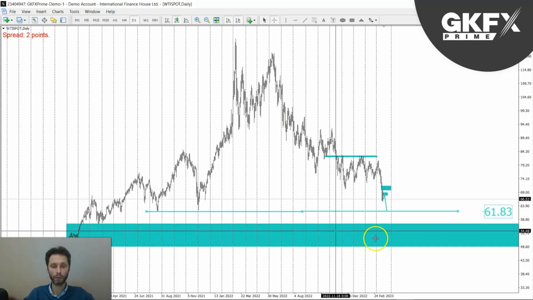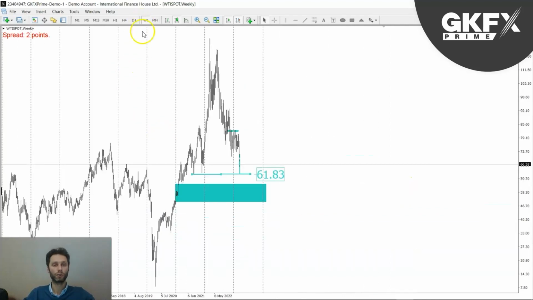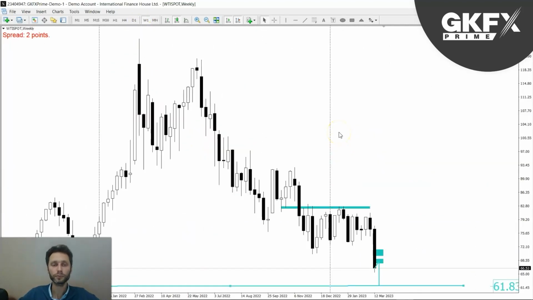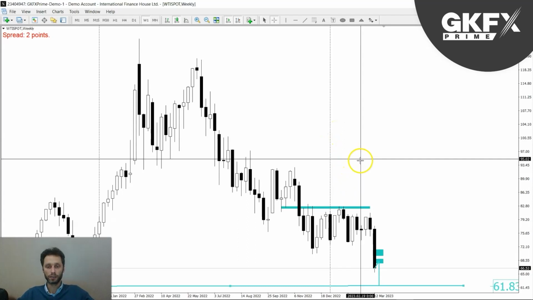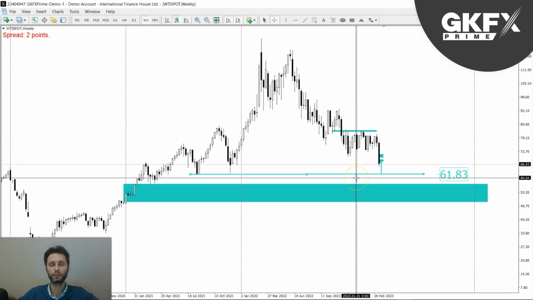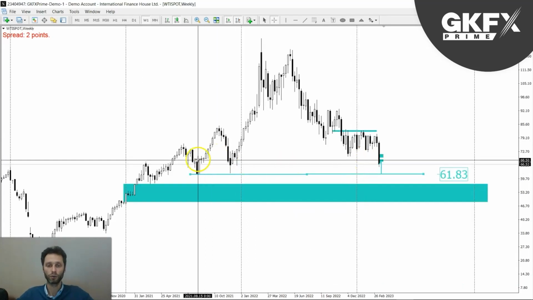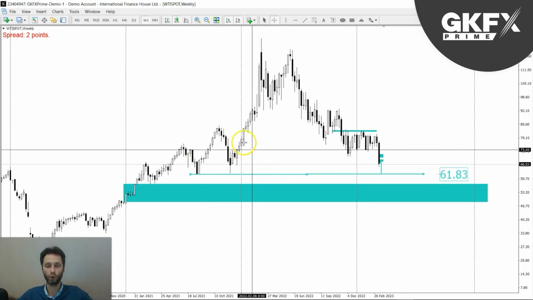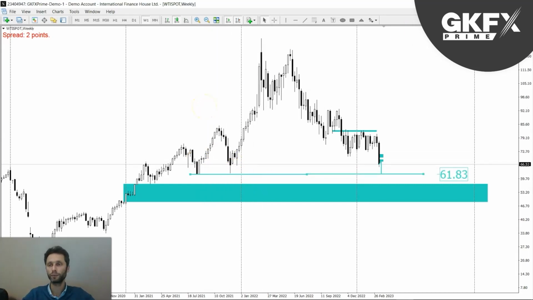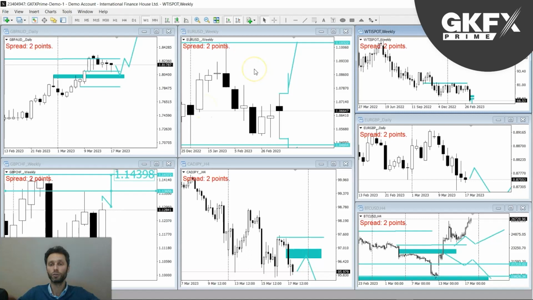And after that, maybe we get into this big zone right here. So oil is weak so far, and it is trending down, heading lower. So I'm looking to continue on that bigger move to the downside, I should say.